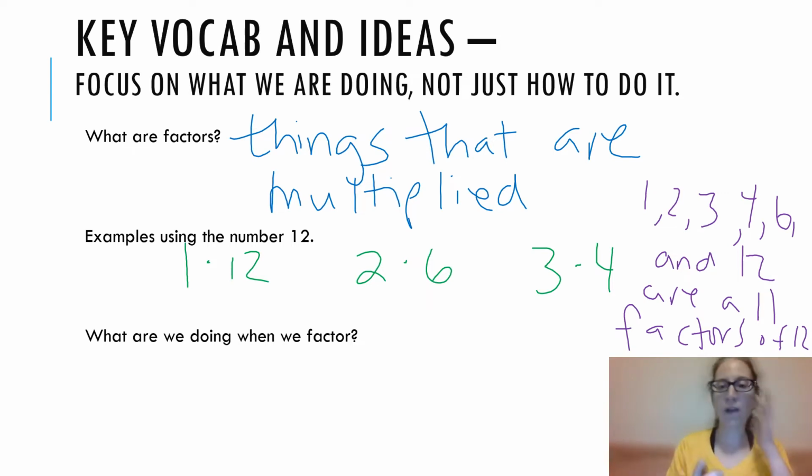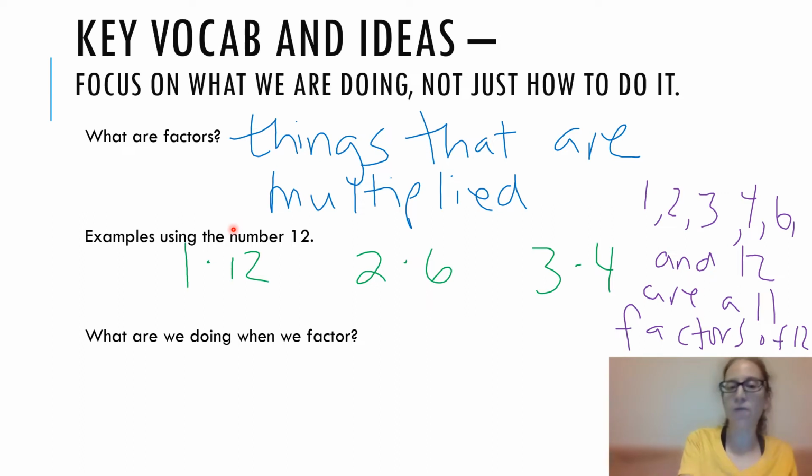So you might hear someone say, well, 3 is a factor of 12 or 6 is a factor of 12. 12 is a factor of 12. And a prime number is a number whose only factors are 1 and itself. Now, when you see that, you could see them listed as a list, or you might hear one pulled out in isolation. So 2 is a factor of 12.